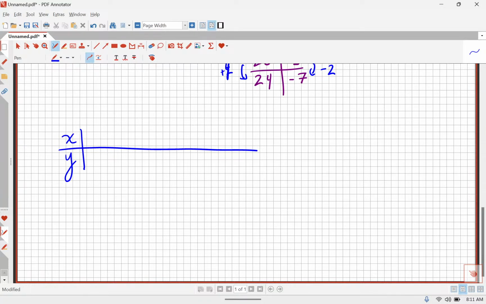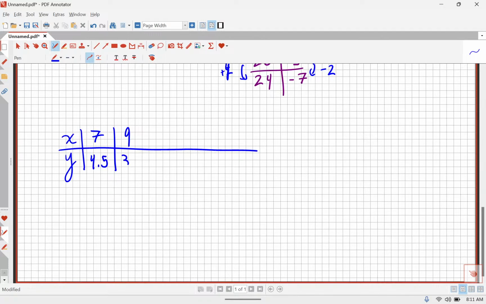7. If the input is 7, the output is 4.5. That's going to be Holland. Give me a number. 9. 3.5. All right.